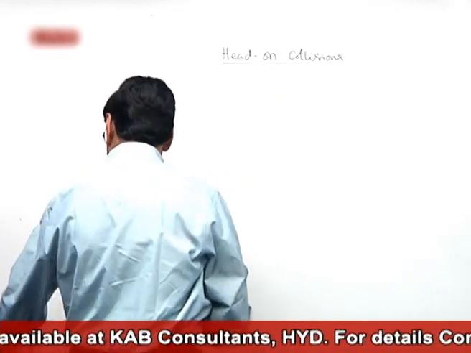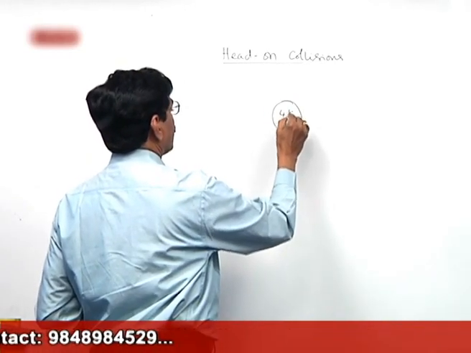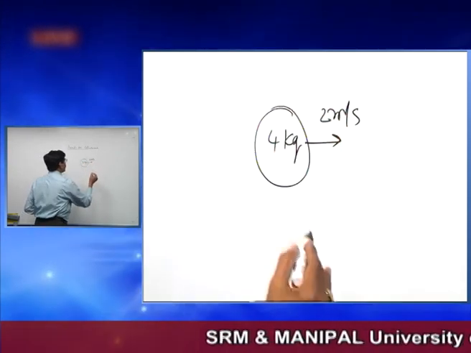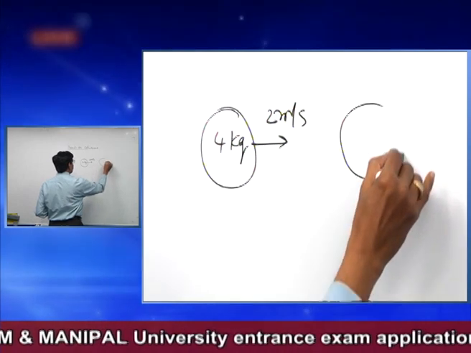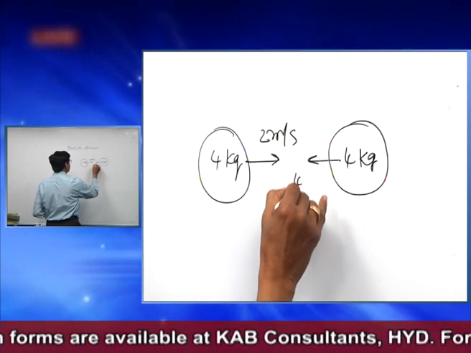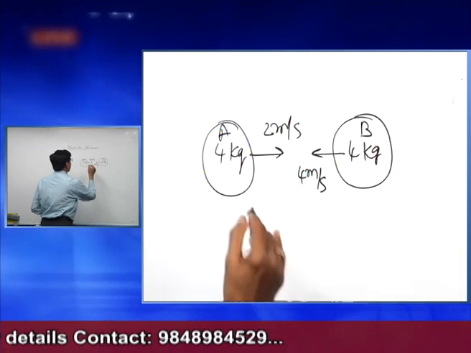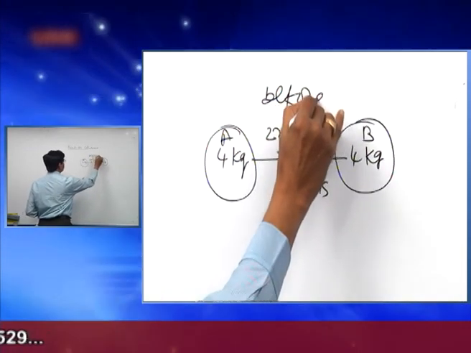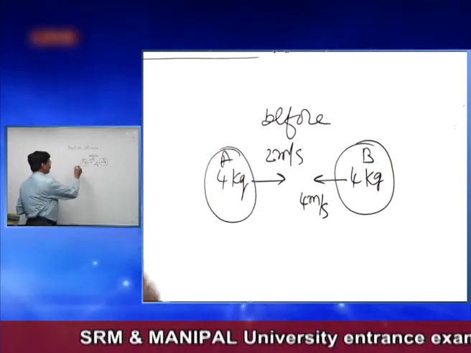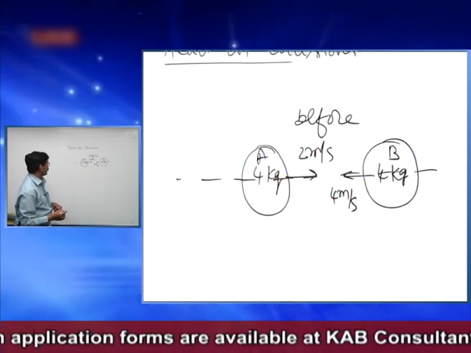For example, a body of mass 4 kg is moving with a velocity of 2 meters per second and another body of 4 kg mass is moving with 4 meters per second. Call them A and B. Before collision, these are the velocities. Assuming that the collision is taking place along the line joining them, it is a one-dimensional elastic collision or head-on elastic collision.